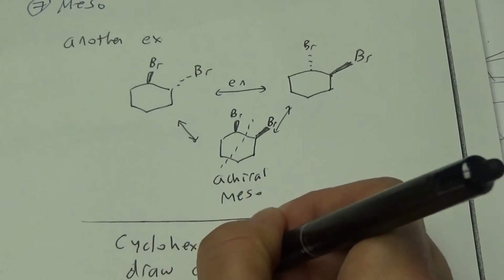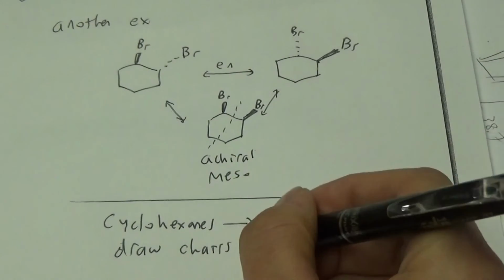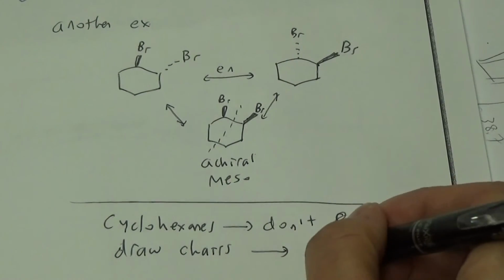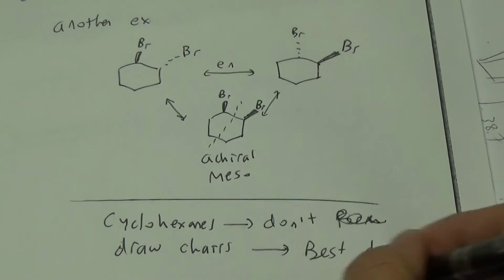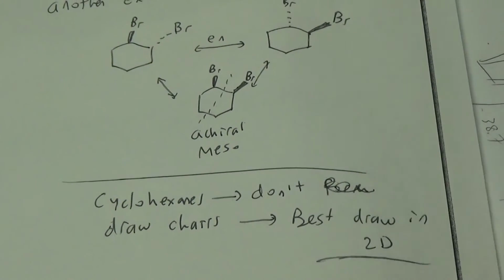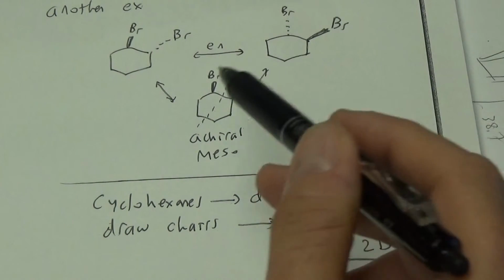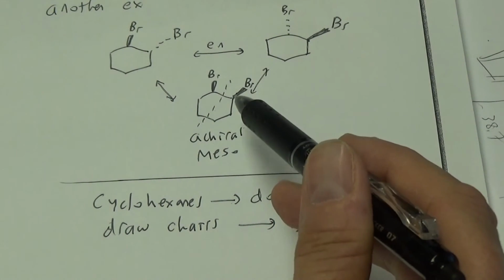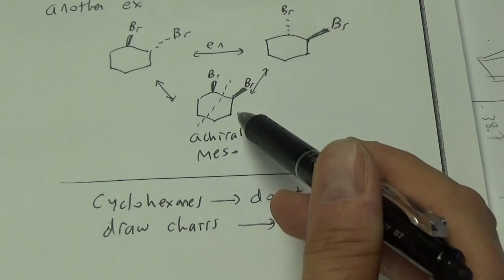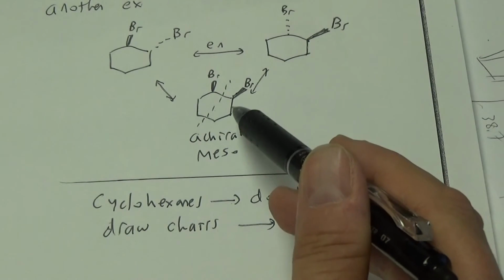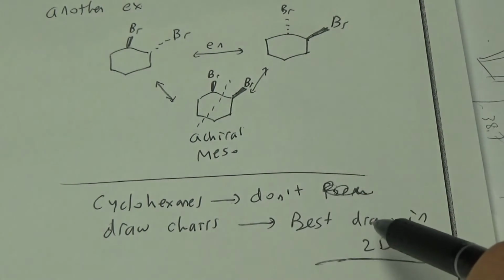I would recommend, if you're trying to visualize this meso relationship, it's best to draw in 2D. It's just easier to see the plane of symmetry. Drawing this and seeing the plane of symmetry in a chair format is a little more tricky. Sometimes you have to go to the intermediate forms like the half chairs and the boat conformations to really see the plane of symmetry. So chair is not the best way to do it.